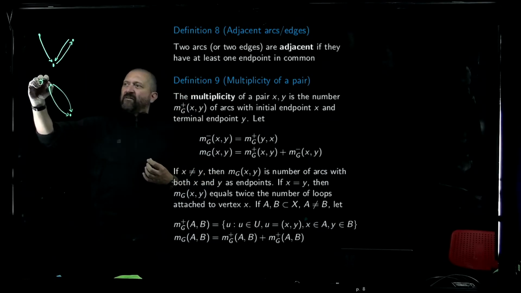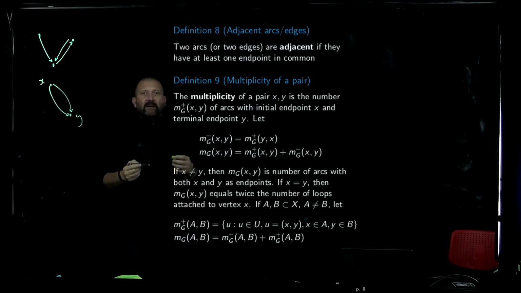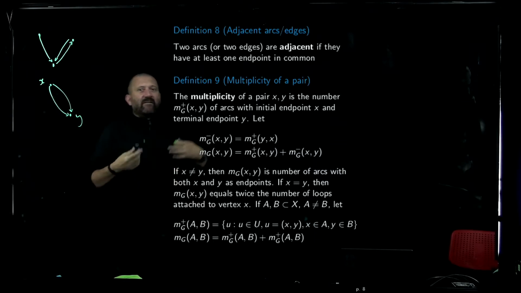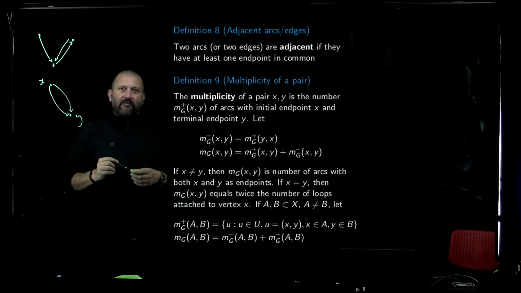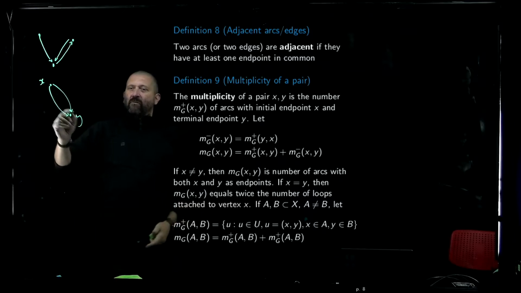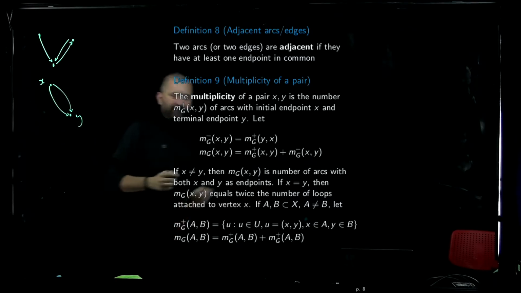Because if this is x and this is y, then the initial endpoint, yes, this is m plus of xy would be 2. And the same way we can define m minus as the other direction. Okay, so you see this m minus is just m plus of yx. So here I'm considering this direction rather than that one.